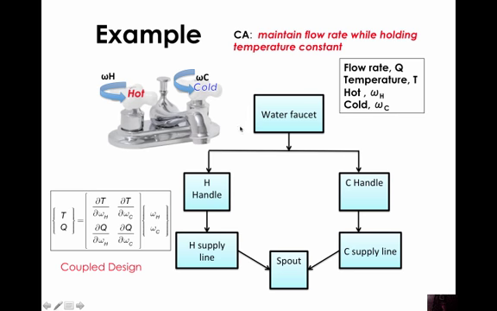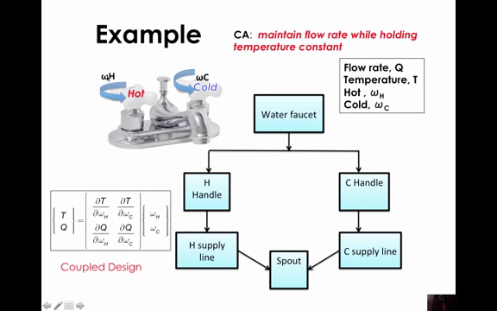So the mechanical components that make this up are our hot water handle, our cold water handle, and then we have a hot water supply and a cold water supply, and we allow each of those supplies to come through different lines into the spout, and of course we control the flow rate and water temperature by combining those appropriately with these rotations.